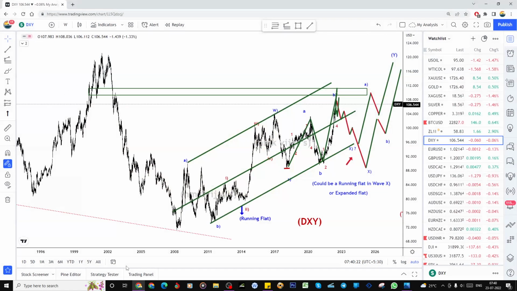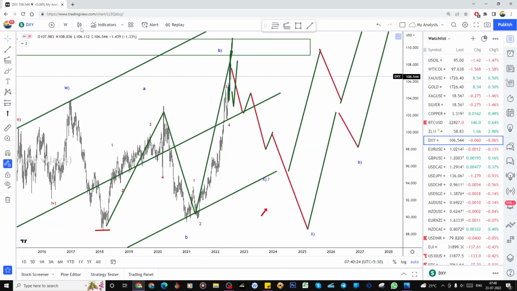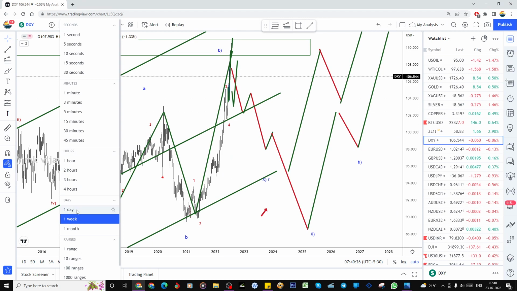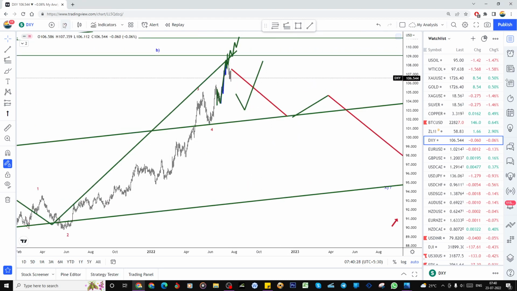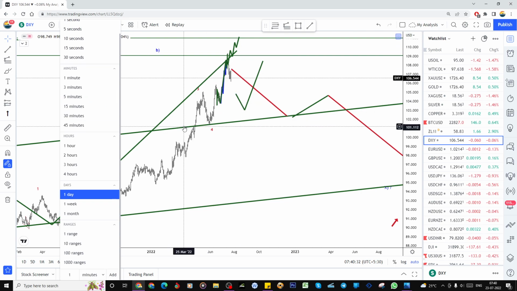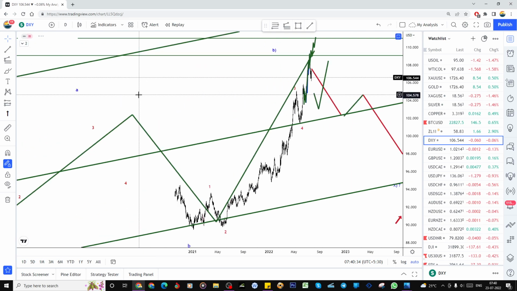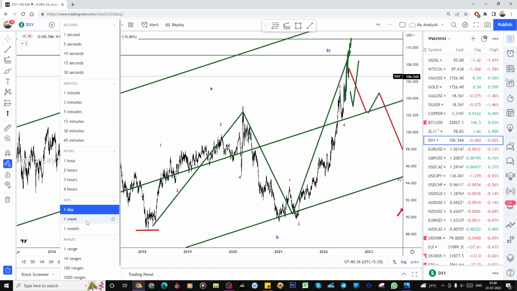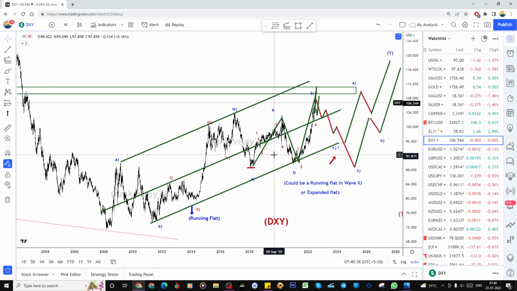As per my expectation, last week DXY came very well to the downside, as we expected. Before that, I need to give some inputs on this DXY.